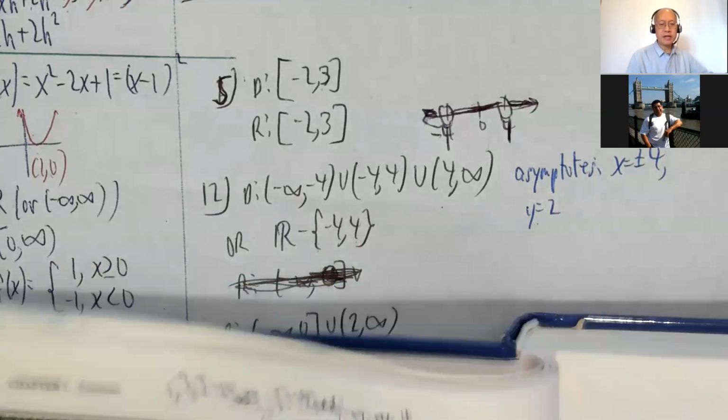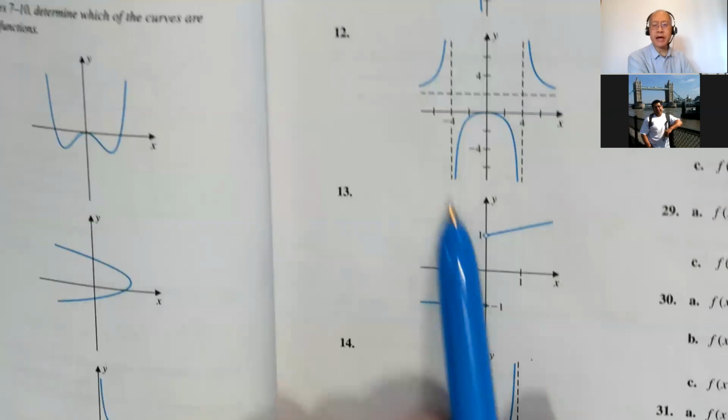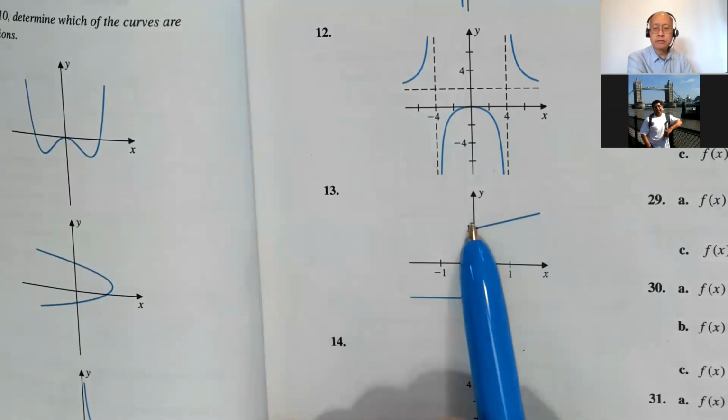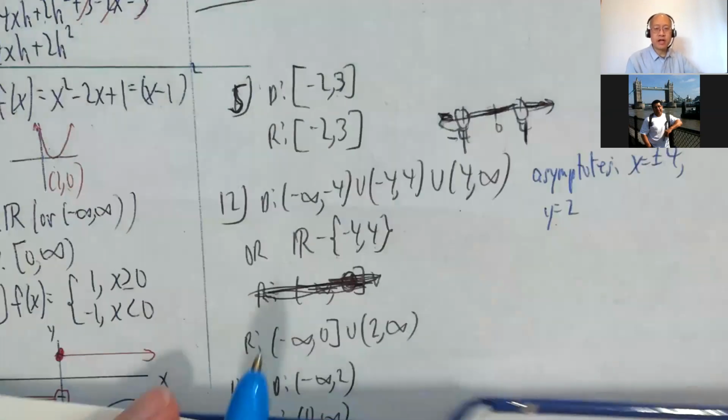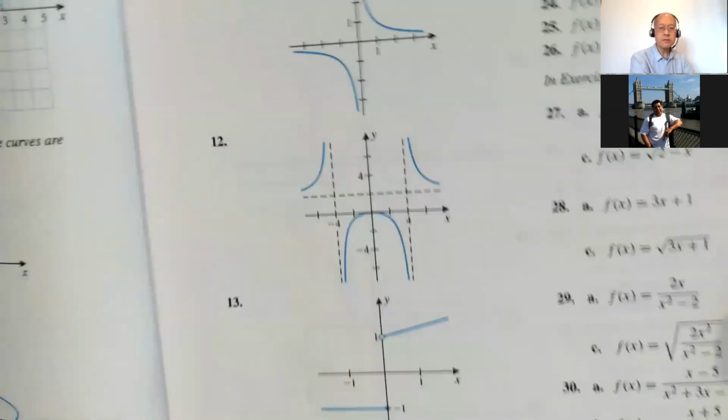For the range, how to get that range? So range is up and down. So I got 0 and all the way down. So that's -infinity to 0, count the 0, so bracket. Union. Okay, this is 2.